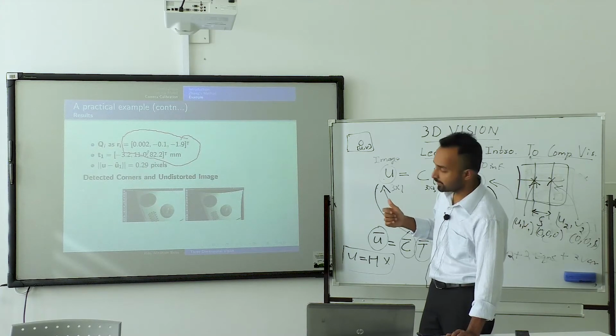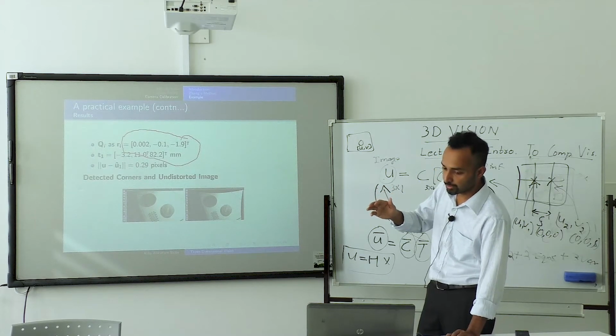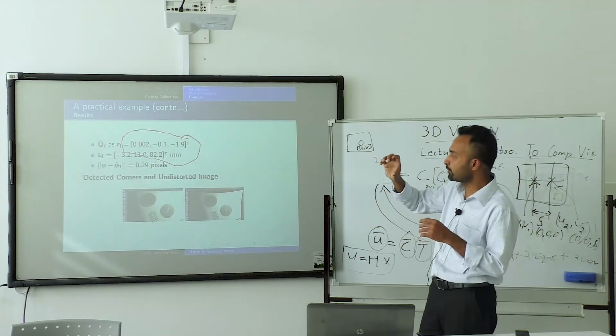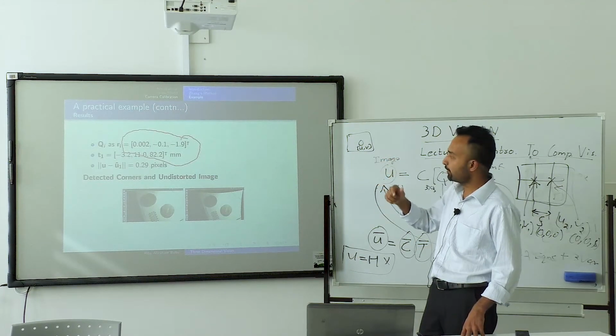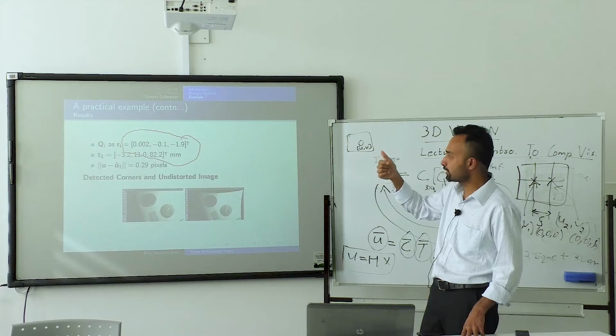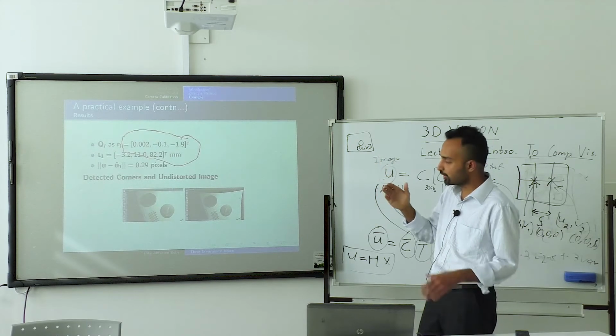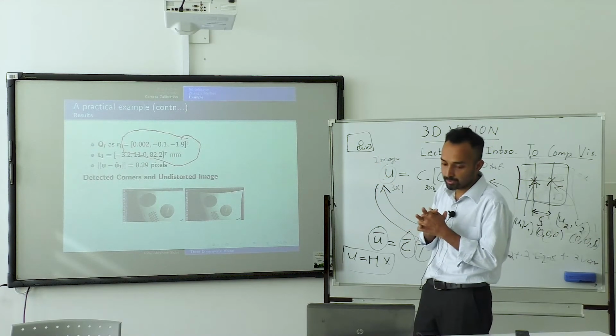Looking at the setup which I had shown earlier, the camera is approximately 82 millimeters above the place where the object was imaged or the calibration grid was placed.